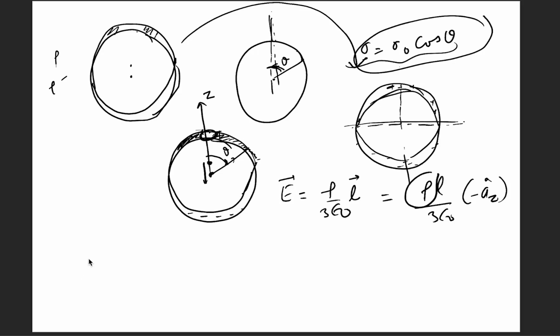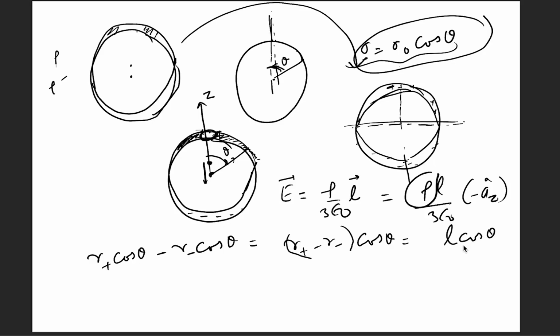The thickness will be r plus cos θ minus r minus cos θ, which is simply (r plus minus r minus) cos θ, equal to L cos θ. So the surface charge is in this thickness only, given by L cos θ.